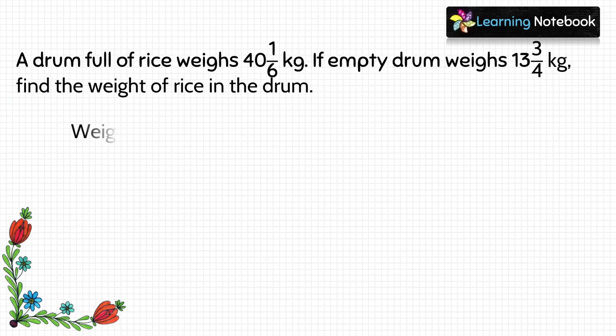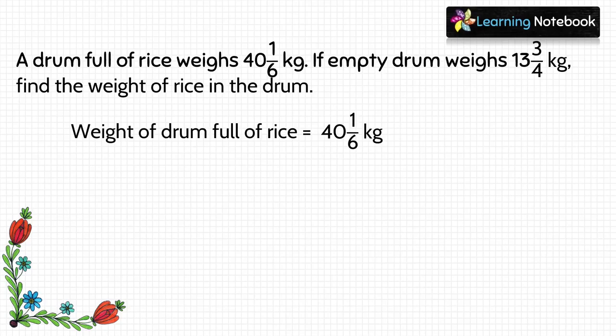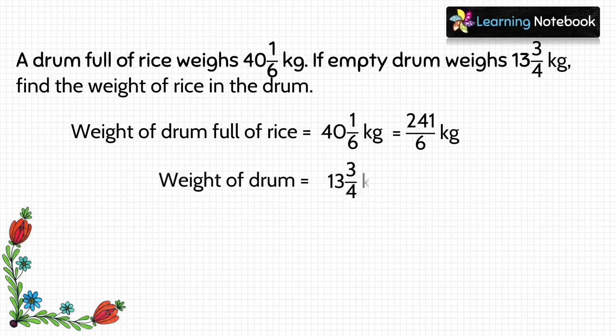So let's write the statements first. Weight of drum full of rice equals 41/6 kilogram. Convert it into an improper fraction and we get 241/6 kilogram. Then weight of empty drum equals 13 3/4 kg, which equals 55/4 kilogram.